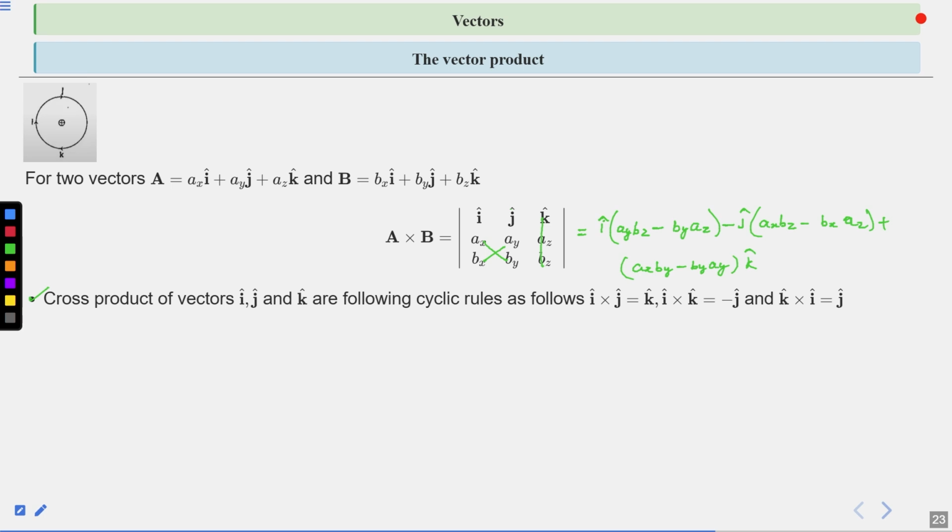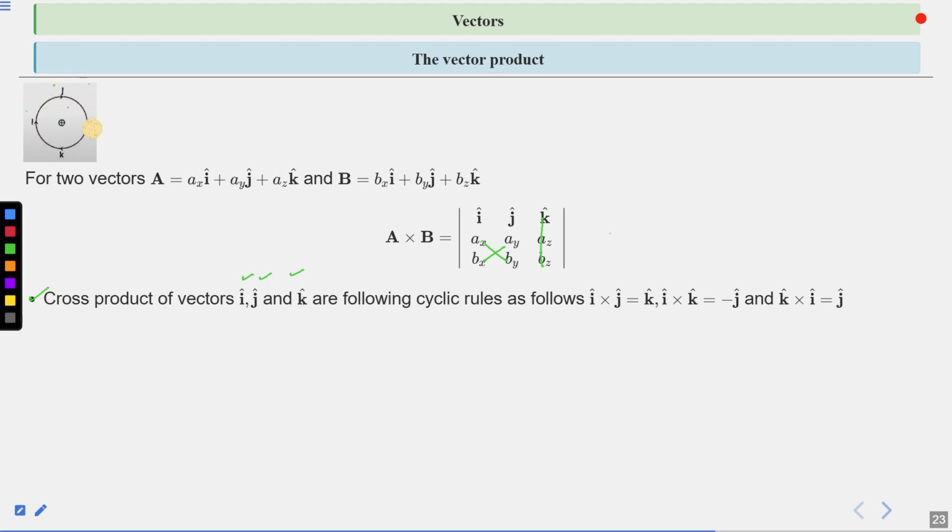Vectors I cap, J cap and K cap follow the cyclic rule. What is the cyclic rule? So suppose we have the direction I cap, J cap and K cap. Listen carefully, this is very important.